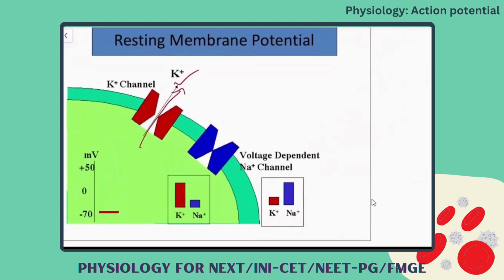During the resting membrane potential maintenance, the cell is polarized, and the voltage dependent sodium channel is closed. So there is no movement of sodium either from inside to outside or from outside to inside. The channel remains closed.